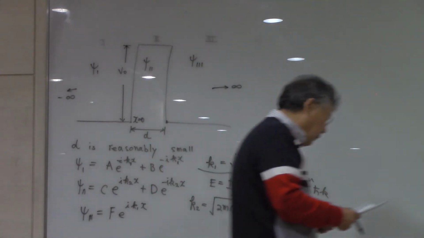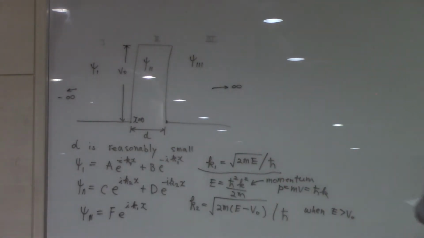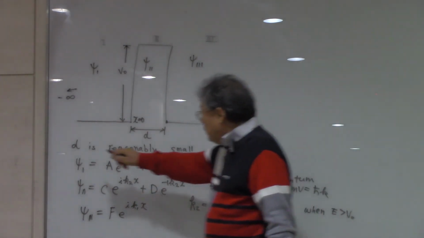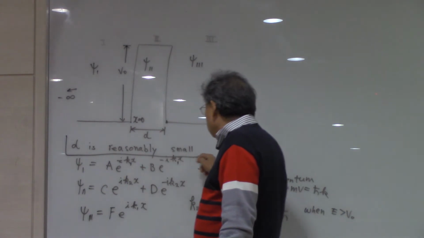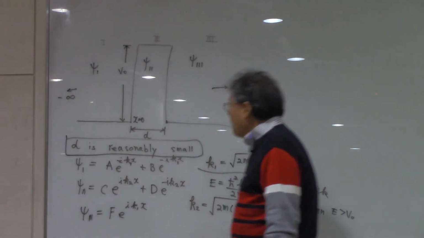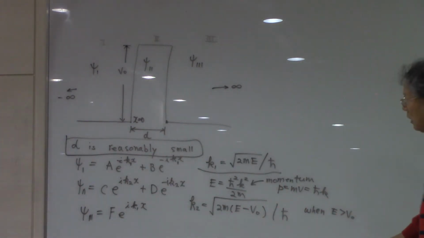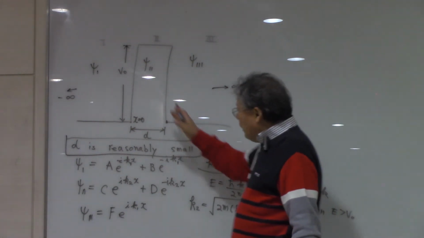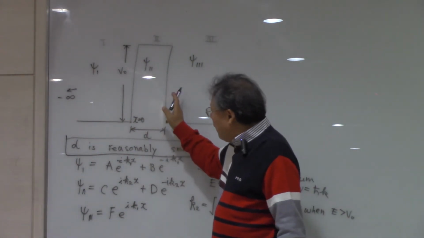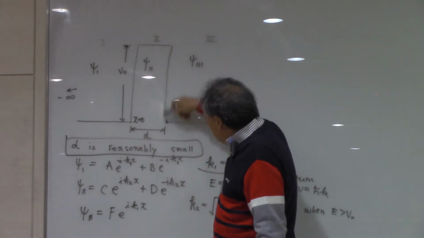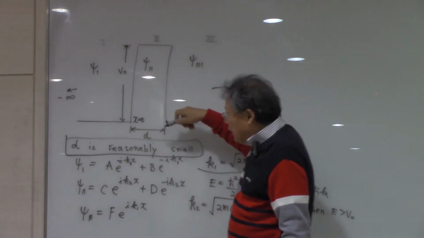Now, this is the case where d is reasonably small. But what happens if d is large? When d is large, we don't have reflections at the edge x equal to d.